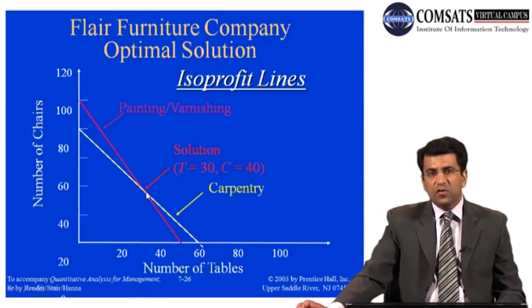So if you use the corner point method, the optimal point will remain the same, either way. So in either case our profit will be maximized by making 30 tables and 40 chairs.